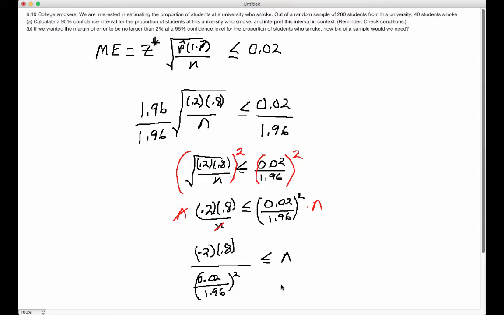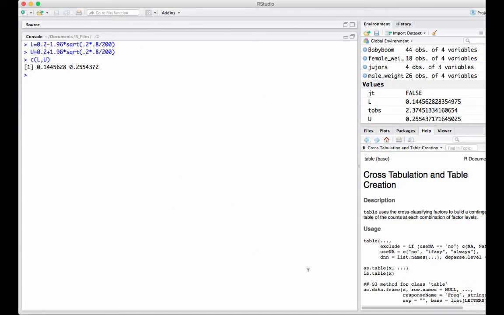All right, cool. Now we're ready to get to your calculator, or as I prefer, just go into RStudio, because it's a great little calculator, and we need to do this calculation. Let's give ourselves a clean console.